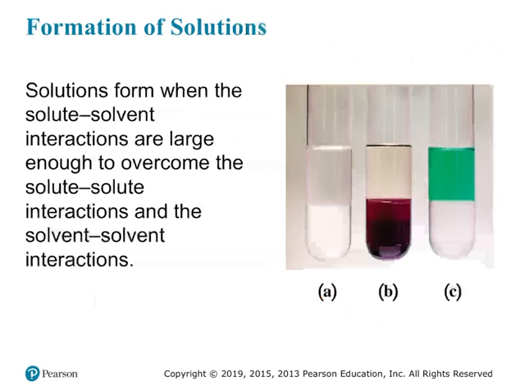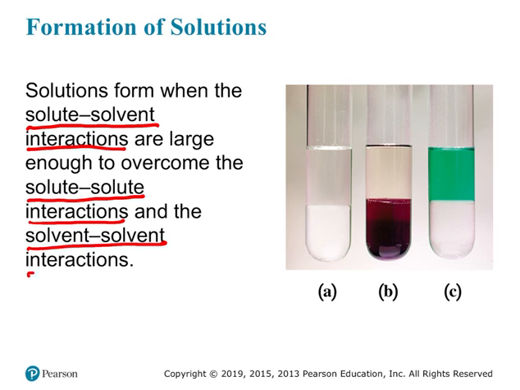Okay, so how do solutions actually form? Solutions form when the solute-solvent interactions are large enough to overcome the solute-solute interactions and the solvent-solvent interactions. For instance, we talked about previously how silver chloride, AgCl, is insoluble.